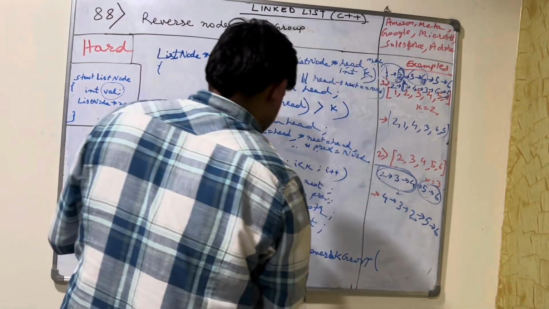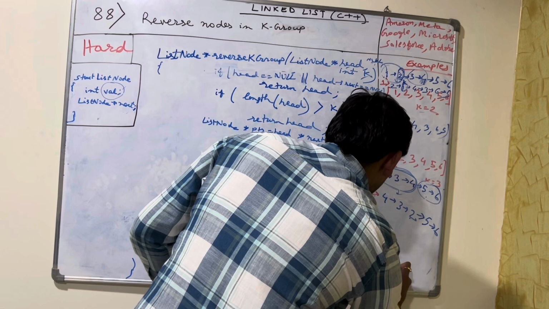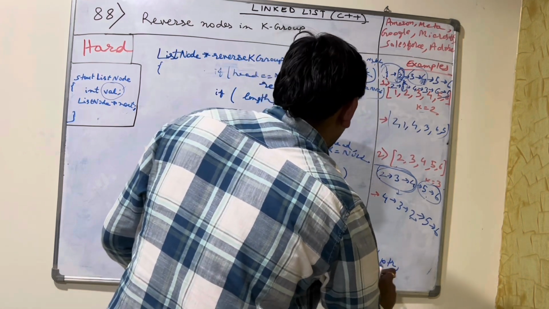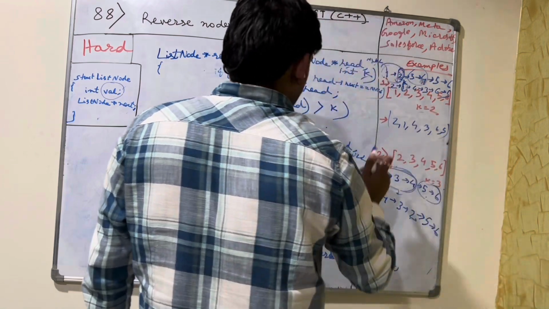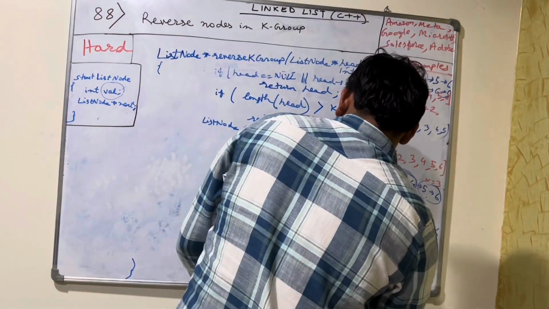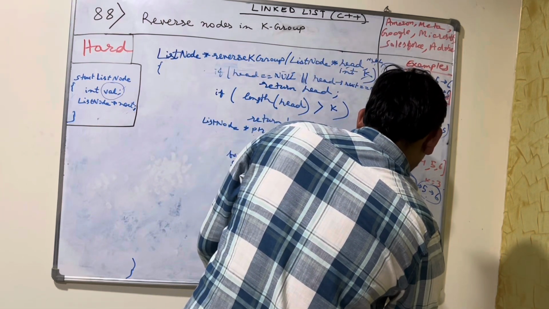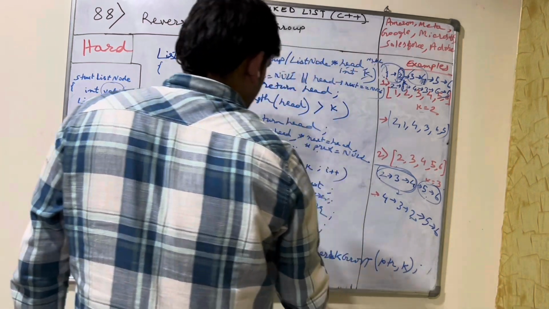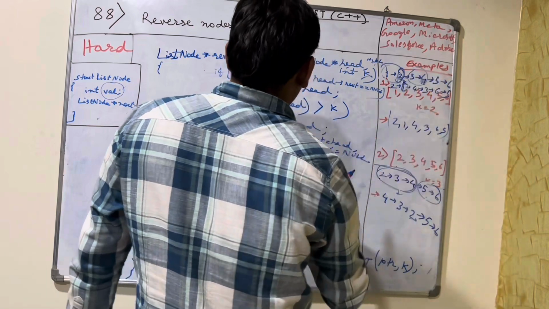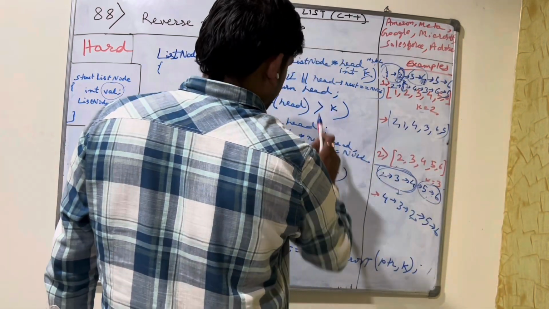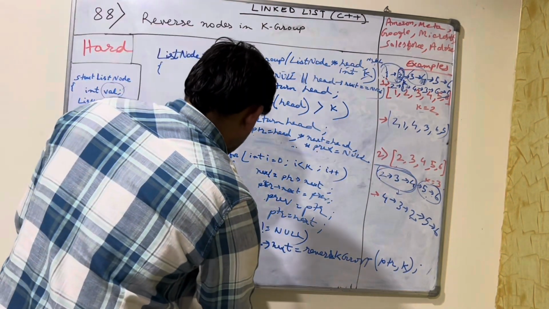We will pass this ptr or next, and it will start from here, and this k. So head next will be pointing to this, and then this group would be reversed. If the size is less, then this won't be reversed, but it will be pointing to this, and at the end we will return, what should we return?